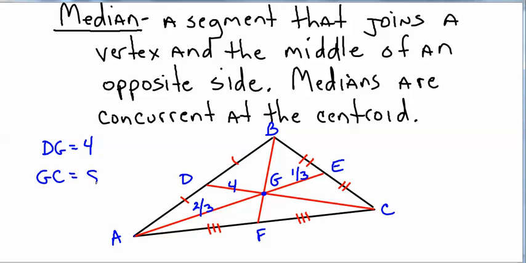Good. And what is D to C? That's 12. You see that? This is a third of the whole distance. This is 2/3 of the entire distance of the median, the whole length of the median.